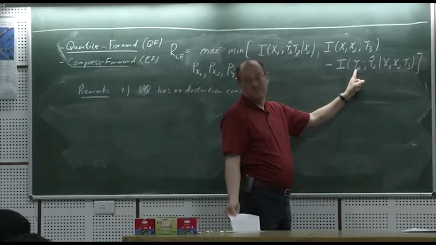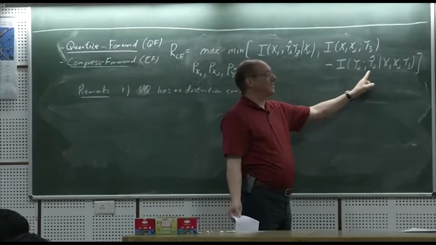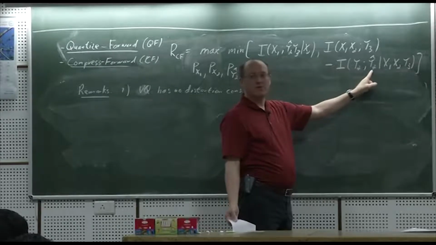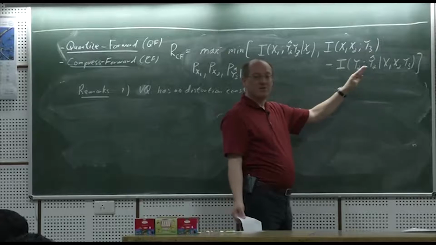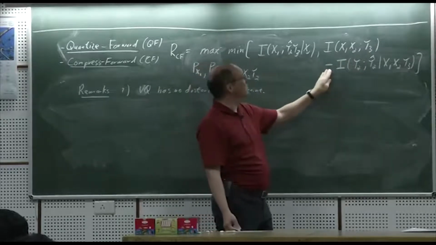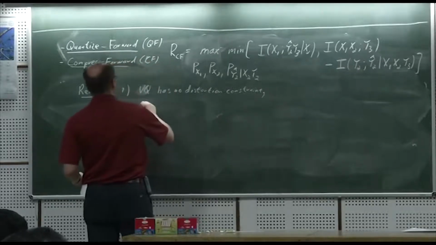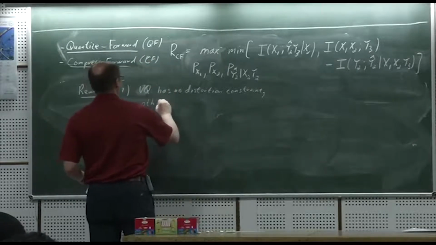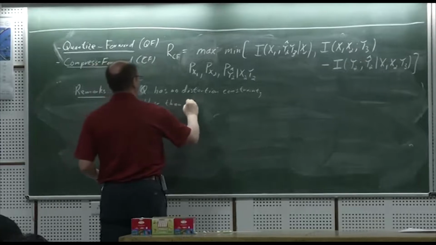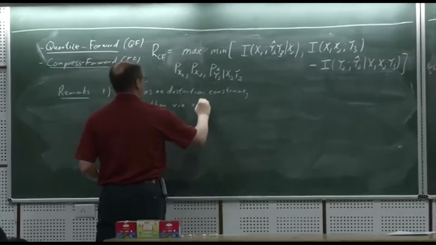It's a continuous random variable, and if I choose ŷ2 to be y2, I would get infinity. So the distortion constraint sort of comes in through this loss term. It has no constraint other than via rate losses.